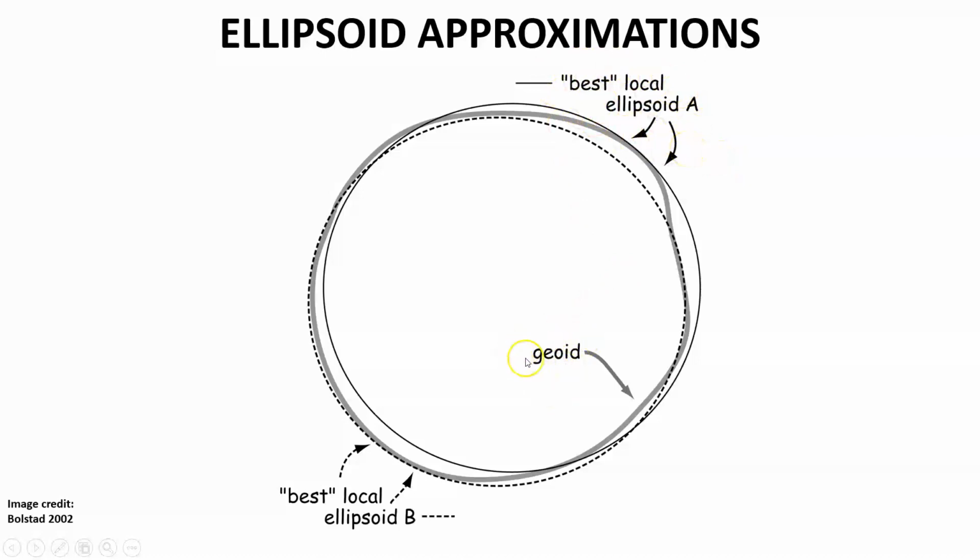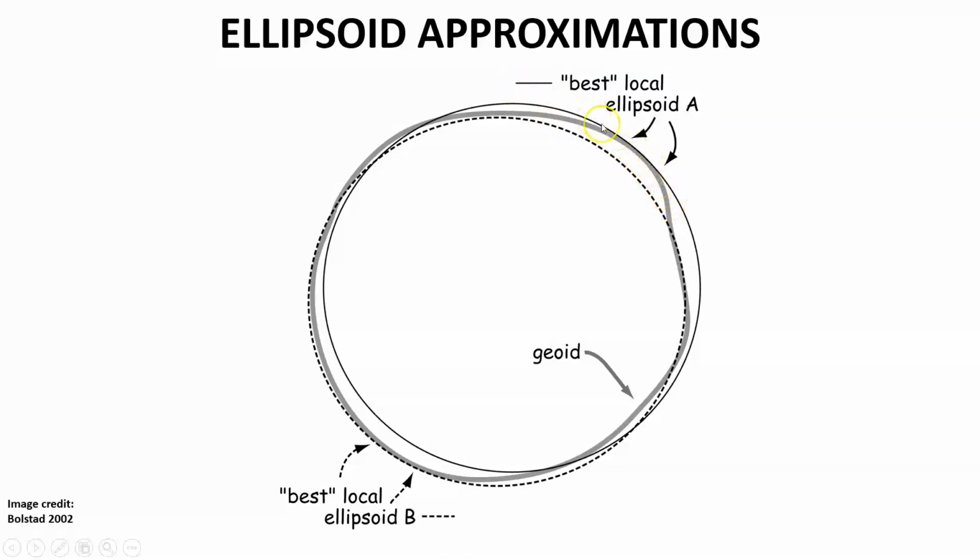This is because the Earth is a lumpy, imperfect sphere. If we look at this diagram here, the solid black line matches very well with the geoid of the Earth. We'll look at the geoid in a bit more detail in a minute.